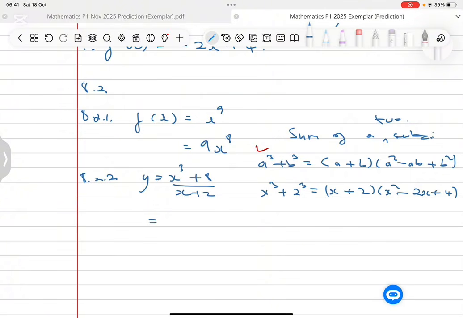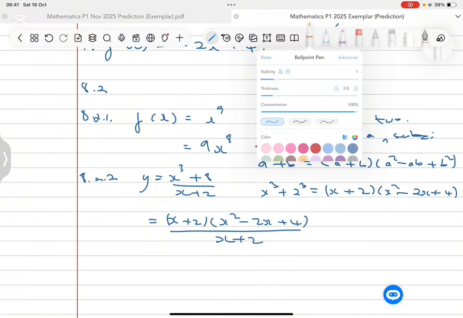Now I'm going to take this factorized part and put it right here. I'm going to expand that so that now I'm having an x plus 2, then an x squared minus 2x plus 4, all over x plus 2.